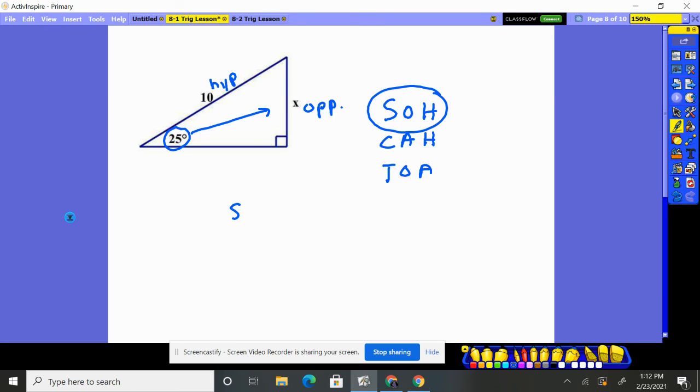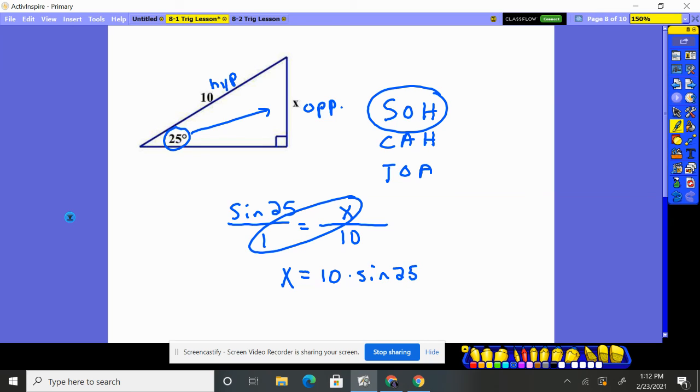So we're going to say the sine of the angle, the sine of 25 over 1 equals the opposite X over the hypotenuse 10. And now we cross multiply. X times 1 is X. It's going to equal 10 times the sine of 25 degrees. We could go to our calculator, type that in, make sure you're in degree mode. We're going to get 4.23 approximately.